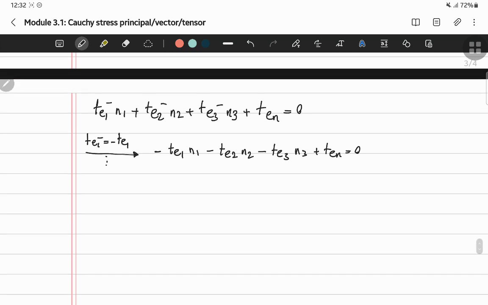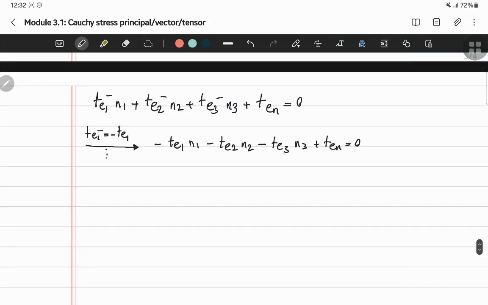So if I just factor out this minus, I can write ten is equal to te1 n1 plus te2 n2 plus te3 n3.